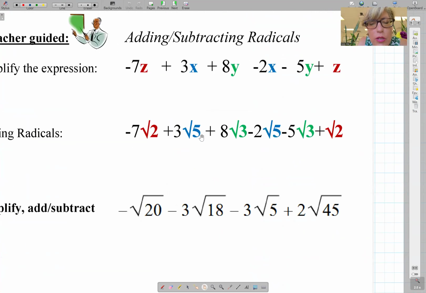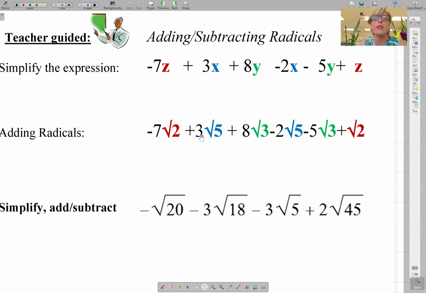So let's start by adding and subtracting these variables. So we have here negative 7z plus 3x plus 8y minus 2x minus 5y plus z. When you add and subtract with variables, you simply add like variables. So for example, I have my z's. Negative 7z plus 1z is going to be 6z.